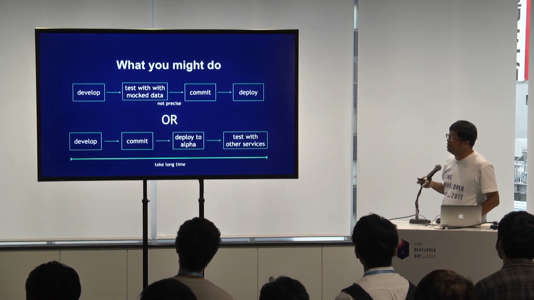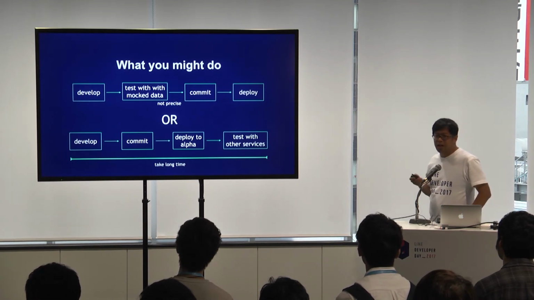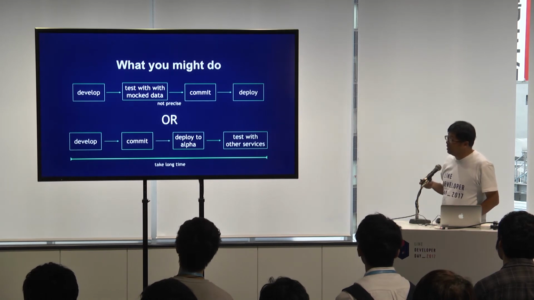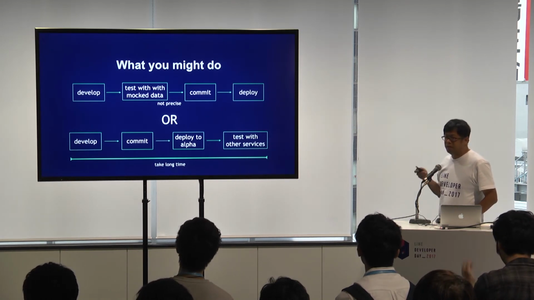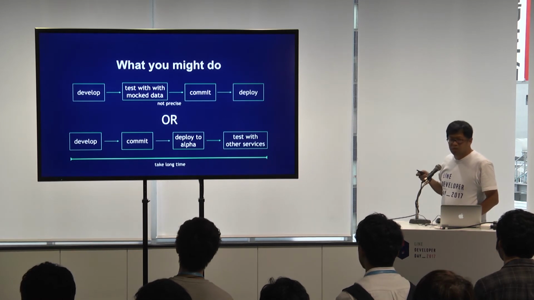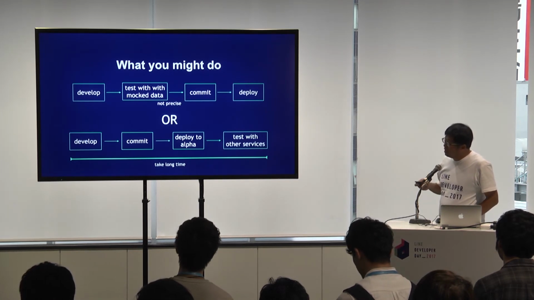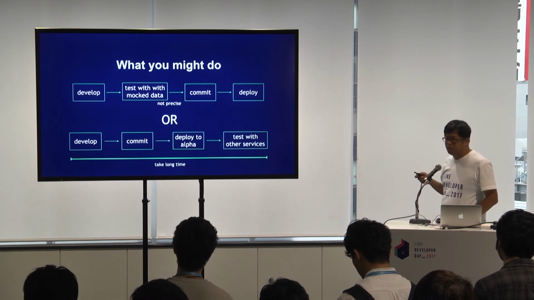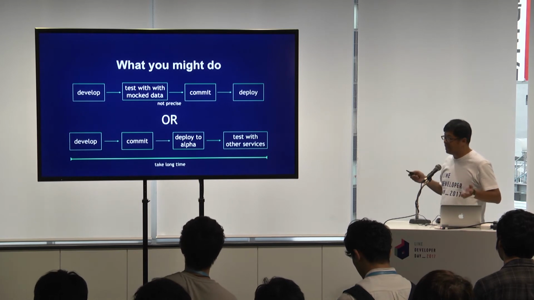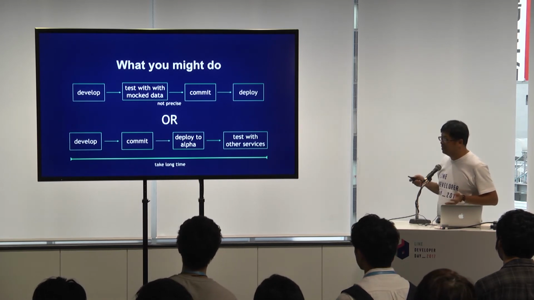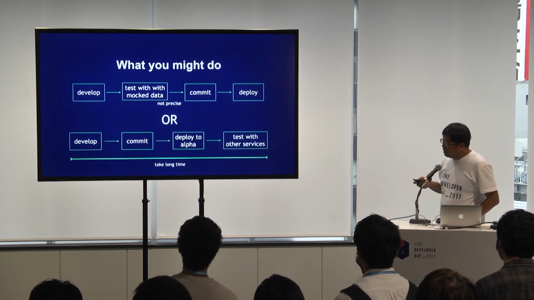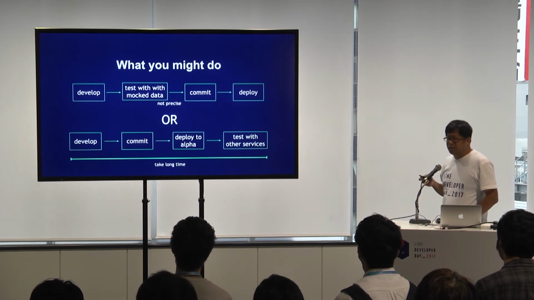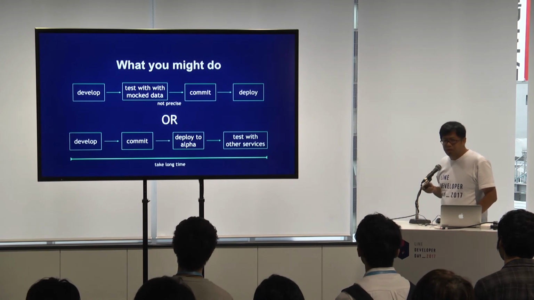Another thing we can do is set up an alpha environment, so we can commit code to the alpha environment and test it there using real cases. But the problem is that from development to deployment, it takes a very long time to complete the deploy cycle. And there are a lot of services in the alpha environment that we don't have control over.